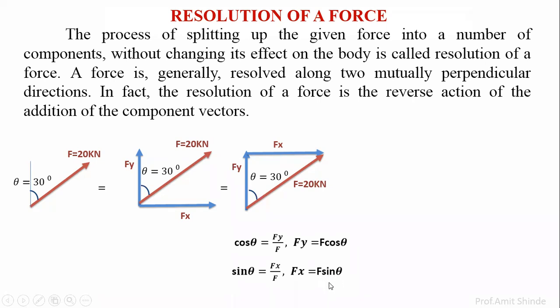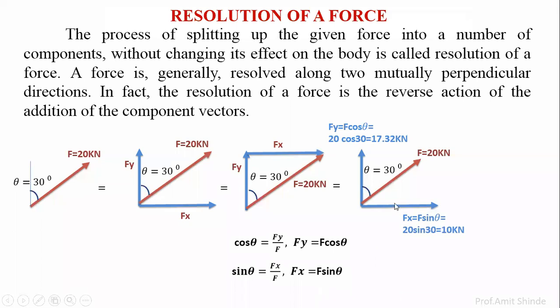Again, let us put the values. As previously calculated, the same value: Fy is 20 cos 30, which becomes 17.32 kilonewton, and Fx is equal to F sin theta, therefore 20 sin 30 is equal to 10.